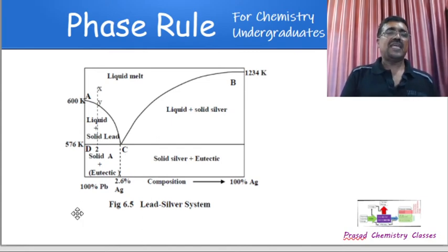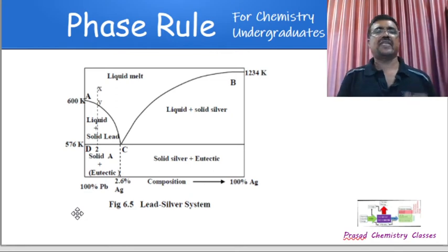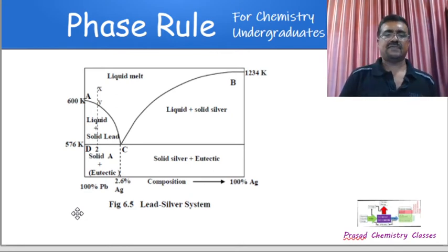So initially, to increase concentration from small traces, it may be 0.001 or 0.1, 0.01 percentage, you can increase up to 2.6% by simply melting lead and cooling it slowly. When you cool it slowly, lead crystallizes out and is continuously removed. Okay, that is it.